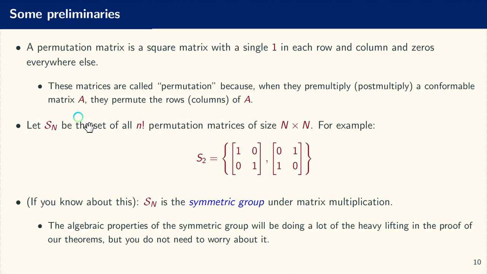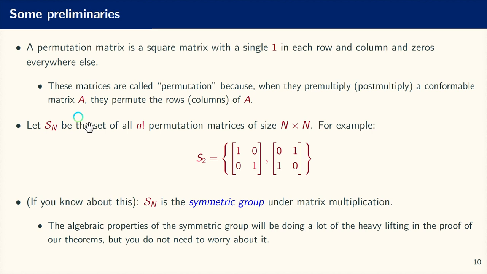And if I post-multiply, what I'm permuting are the columns. So let's think about S_n as the set of all n factorial permutation matrices of size n times n. For example, S_2 will have two elements: the identity matrix and the matrix 0, 1, 1, 0 that switches the two rows of any conformable matrix A.